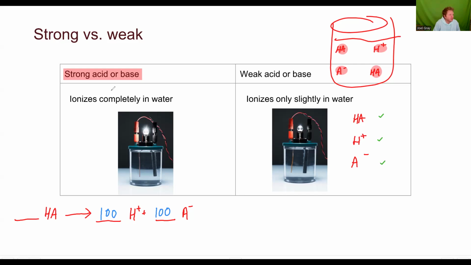Now, if I am given the same thing and I look at a beaker, I'm looking for HA, H plus, and A minus.